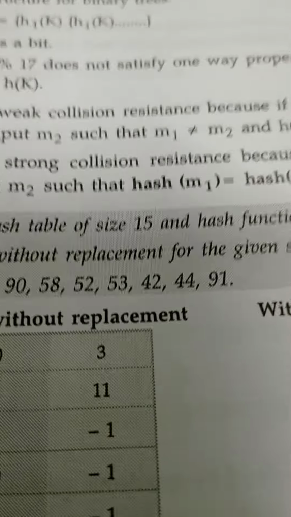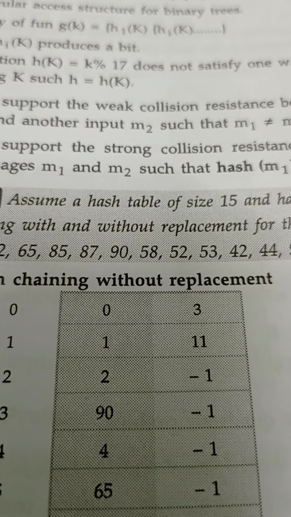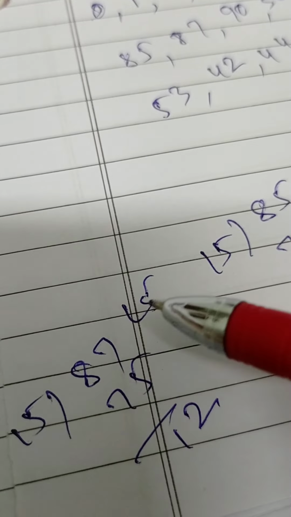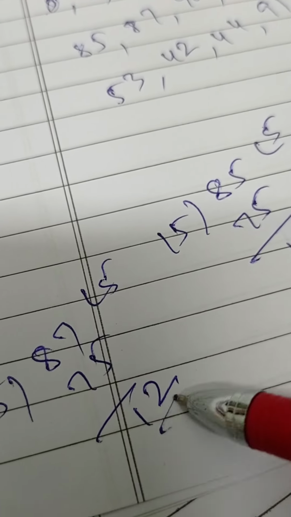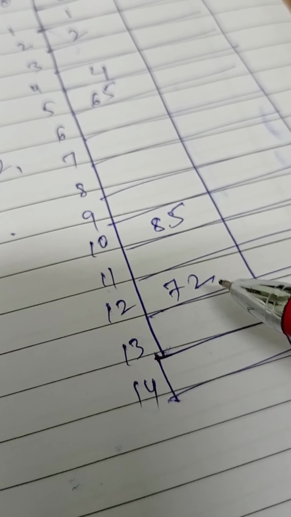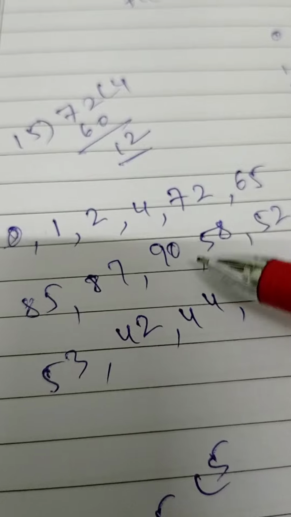Next, after that, 87 is there. 15 times 5 is 75, left with 12. 12 means in the 12th location we have to store the data, but in the 12th location 72 is already placed, because 72 came prior to 87.